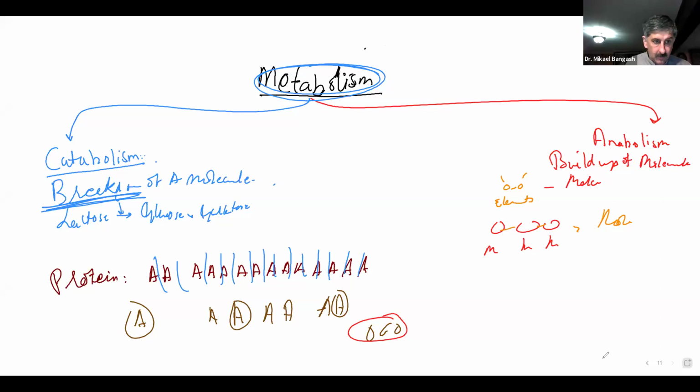Now there's going to be a molecule, and we may refer to it later on as well, but it's going to be abbreviated as ATP.